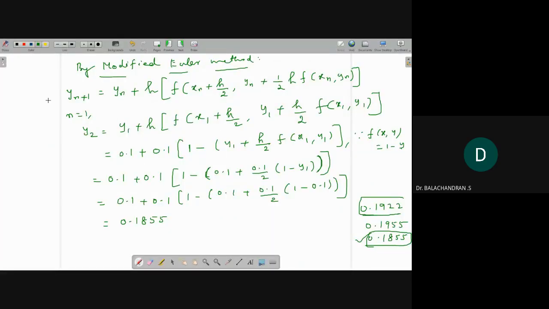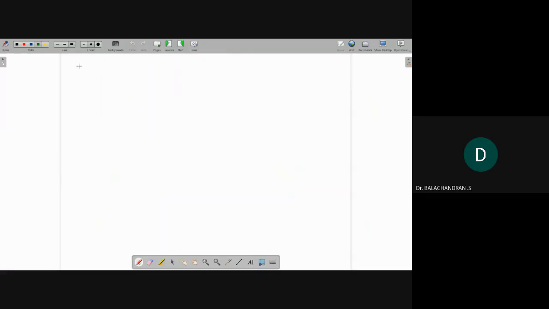So next we got y2. Next we need to find y3 using the improved Euler formula. The general formula is y n plus 1 equal to y n plus h by 2 into f of x n comma y n plus f of x n plus h comma y n plus h into f of x n comma y n. Please verify it.